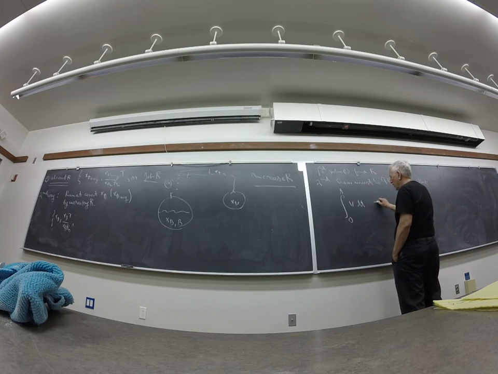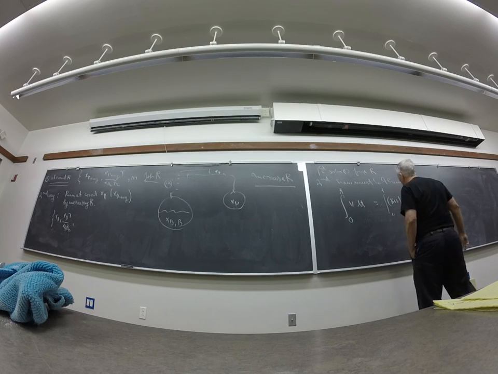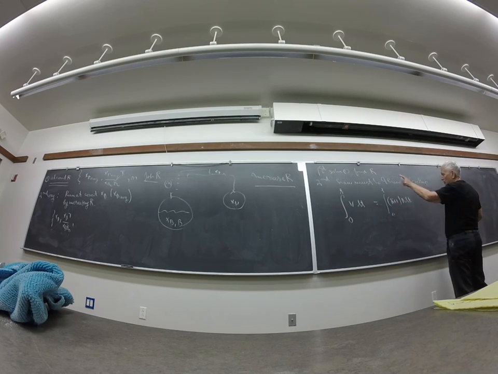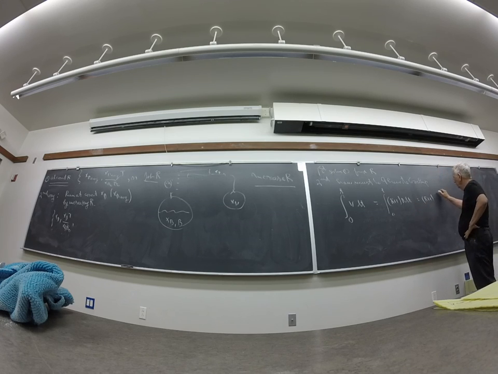And that is the integral from 0 to t of (R plus 1) D dt. R plus 1 is a constant in this case, so that's R plus 1 times the integral from, okay, D dt is minus dB.